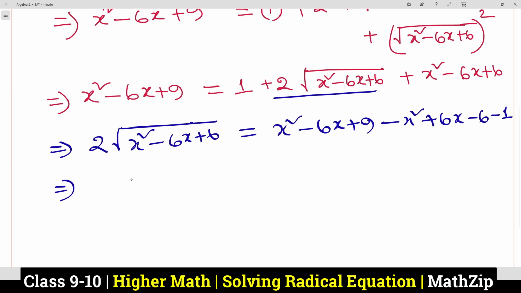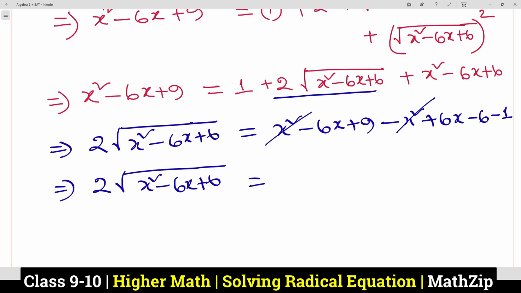Now 2 root x square minus 6x plus 6, and here x square minus x square is out, minus 6x plus 6x is out, 9 minus 6 minus 1, it will be 2. So here is only 2. Now we are dividing both sides by 2, so we will get only root x square minus 6x plus 6 equals to 1.